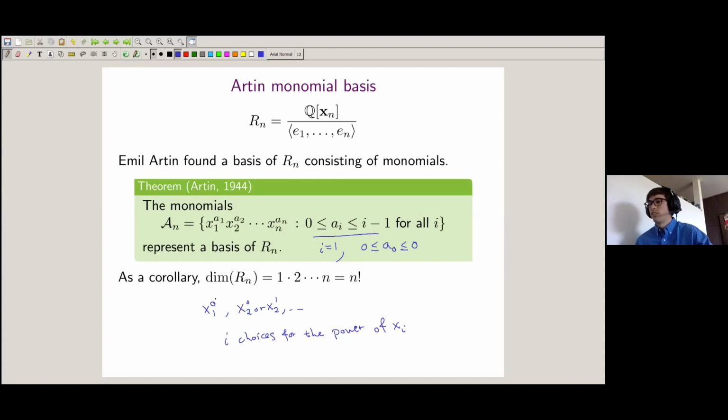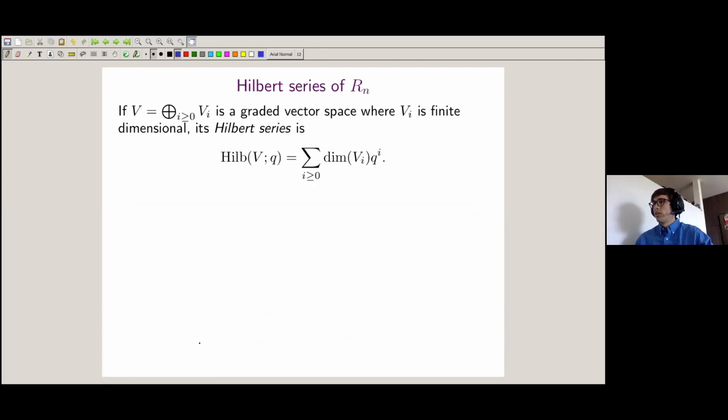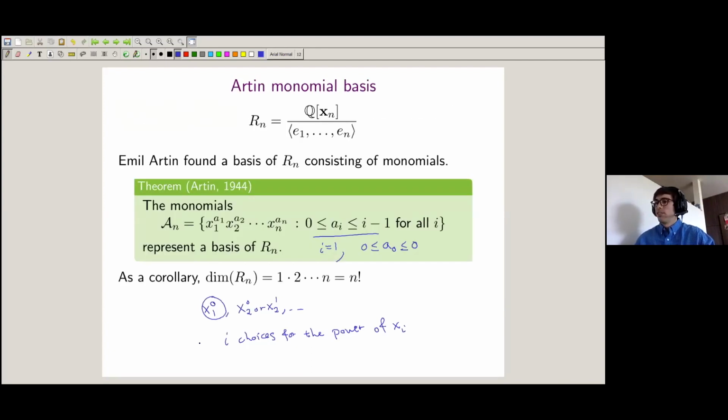Yeah, so you have to have x1 to the 0 as a factor in your monomial. Okay. Yeah, and you can see that you can always eliminate x1 from a monomial because the sum of the variables in this quotient ring is 0. So you could write x1 as minus the sum of the other variables to get rid of it. So it makes sense that there should only be one choice for x1.